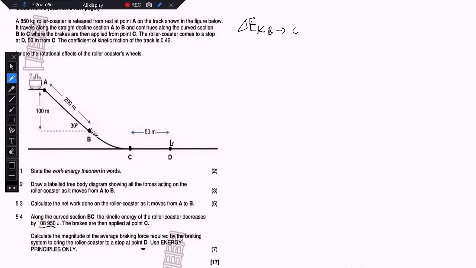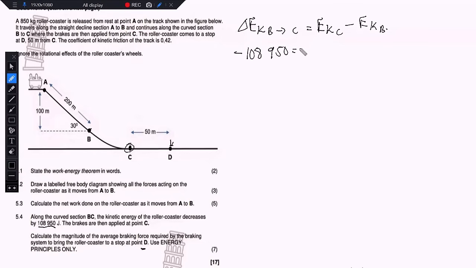We can find that by simply saying the EK at C minus EK at B. Now they said between B to C, there was a decrease, so the decrease can be indicated by negative. So it's negative 108,950, right?